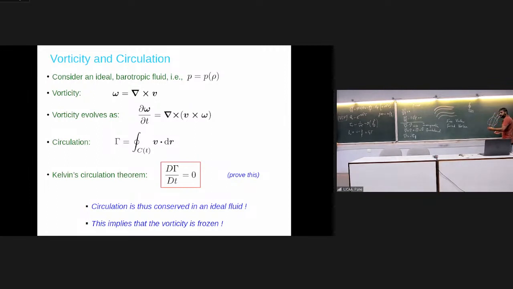This area element is of course fluid, right? It's an imaginary area element that we're talking about. And if these are the vorticity lines, so if the flow is rotating like that, the vorticity will locally be pointing by the right hand rule, just like J and curl of B. J is curl of B. Just how you imagine current and magnetic field, try to imagine omega and velocity. Okay. So it becomes easier.